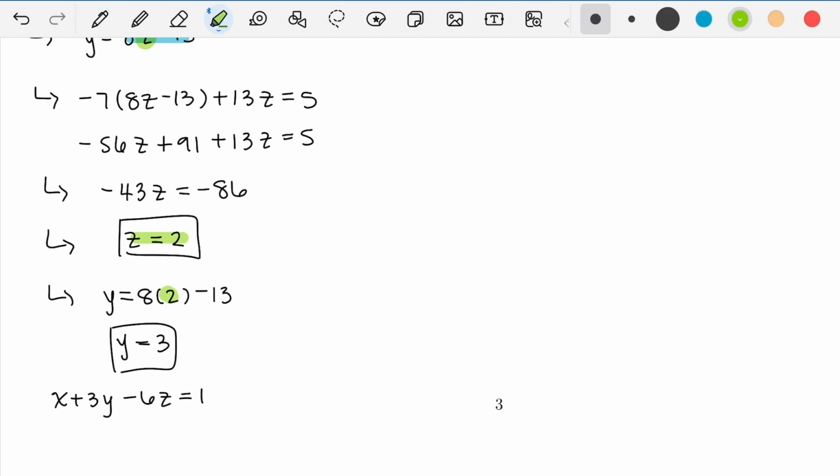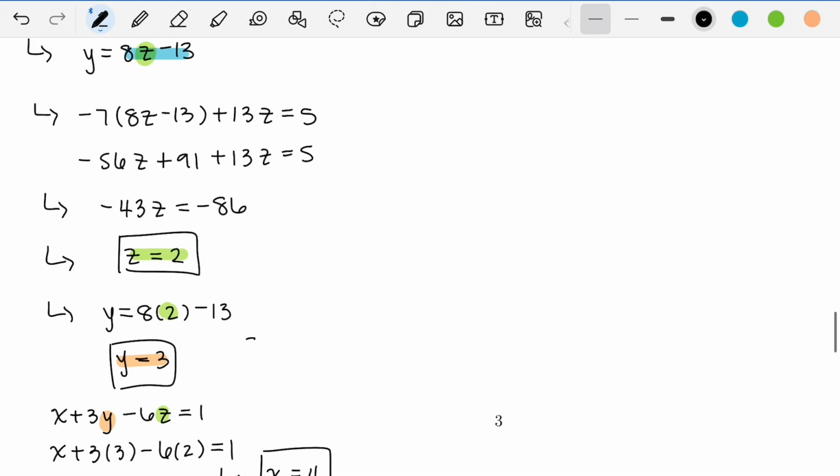So plugging in these values for y and z, what we're going to end up with is x plus 3 times 3 minus 6 times 2 is equal to 1. So this tells us x is equal to 4.